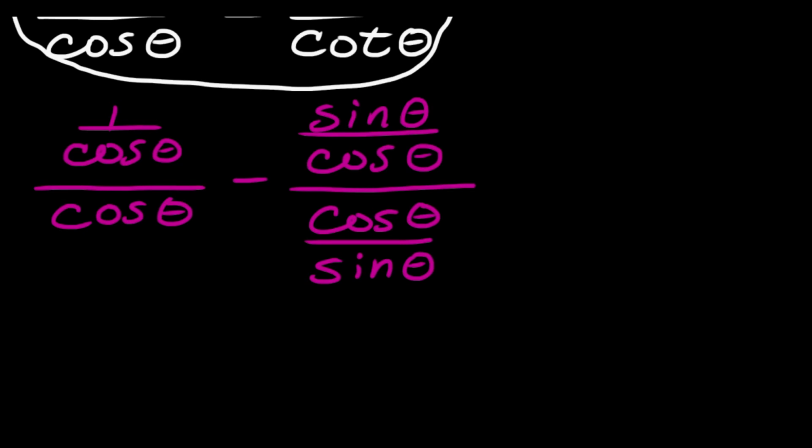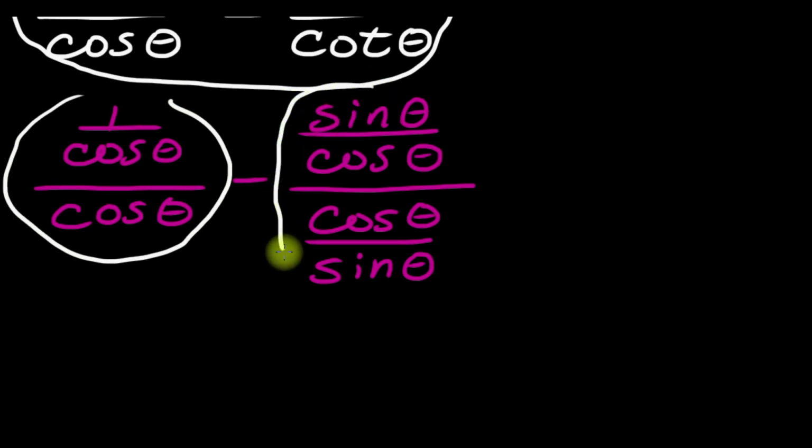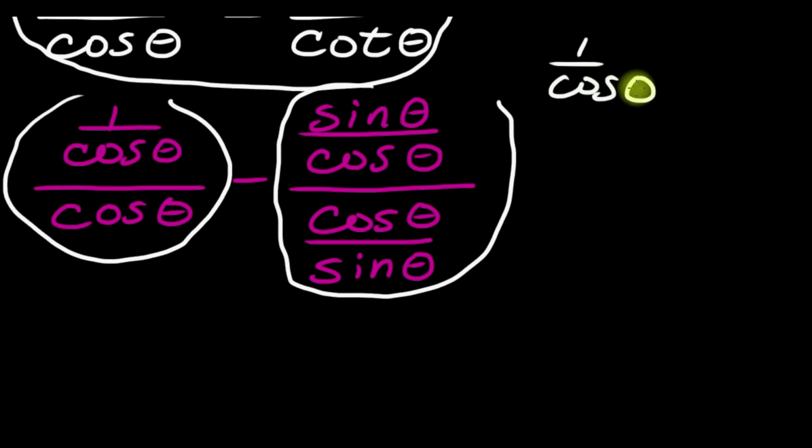So I'm going to simplify each fraction, and then minus them. First, 1 over cosine: here we can go keep change, multiply and flip. So 1 over cosine times the reciprocal of cosine, which is 1 over cosine, so you end up having 1 over cosine squared.